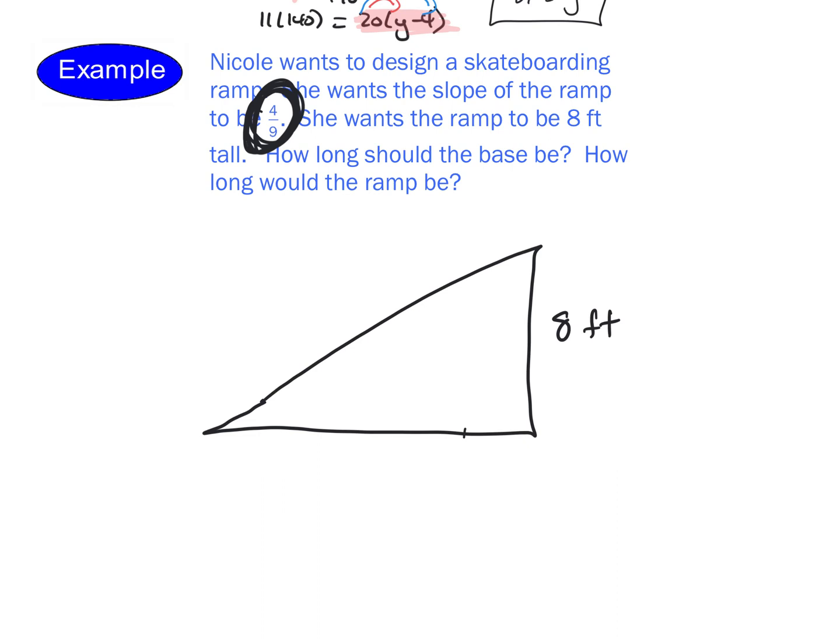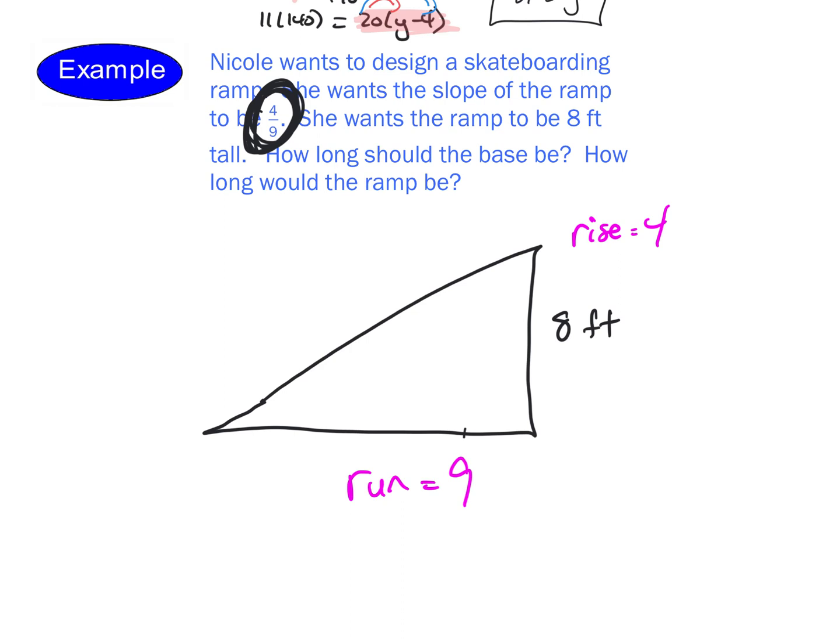The rise should be 4, and the run should be 9. Now think of this as a rule. You can multiply the rise or the run by any number as long as you do it consistently.